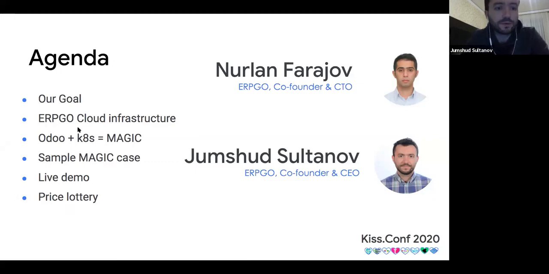Later on, Nurlan will show you our ERP Go cloud infrastructure in detail. Then we will show you the matching of Odoo, which is an open source ERP solution, with Kubernetes, by example as well. And if we have time, we will show you some live demo of it.